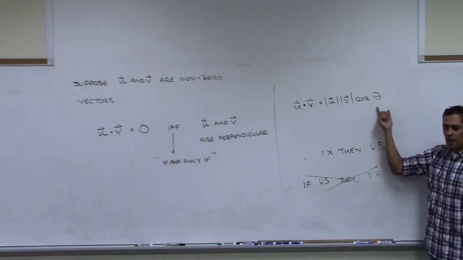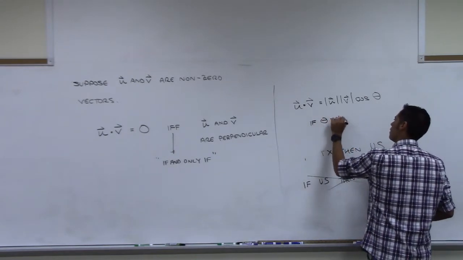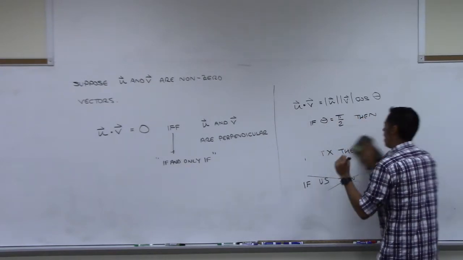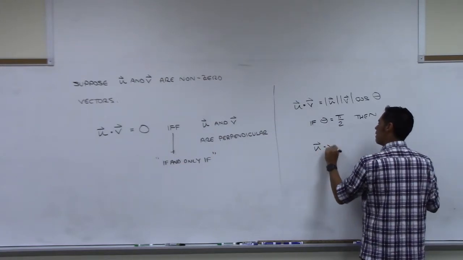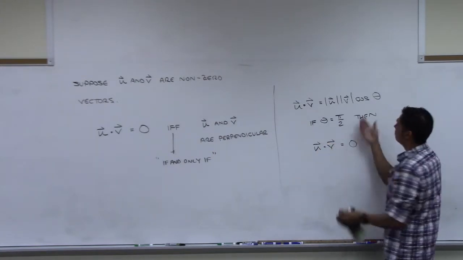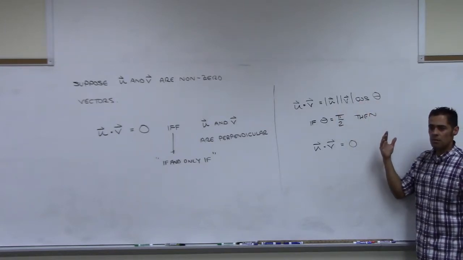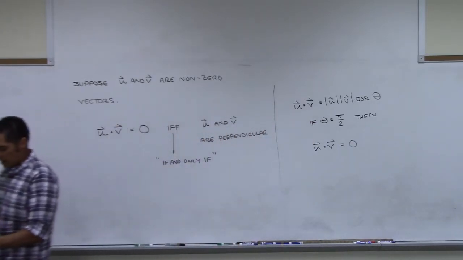So if theta is pi over 2, then u dot v has to be 0, because it doesn't matter what their lengths are anymore. That's 0, gone. That is a super, super powerful thing.